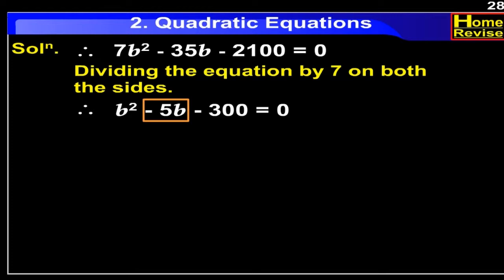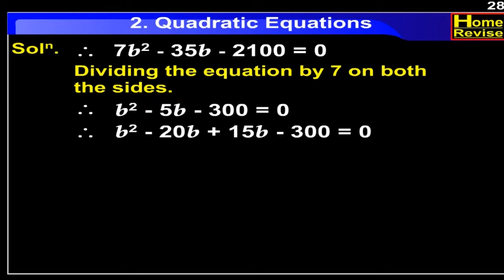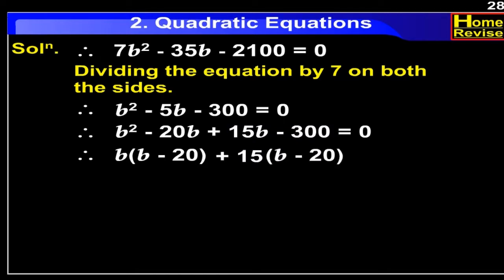Splitting the middle term, we get B square minus 20B plus 15B minus 300 is equal to 0. Now taking out B common from the first two terms, we have B in bracket B minus 20. And taking out plus 15 common from the next two terms, we have plus 15 in bracket B minus 20 is equal to 0.